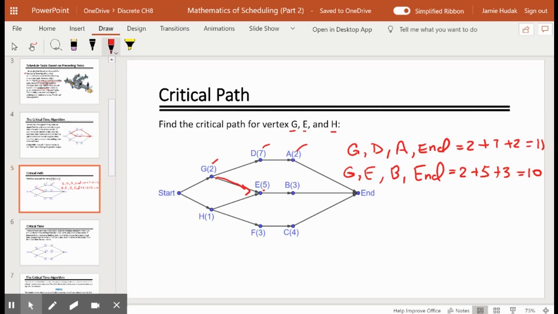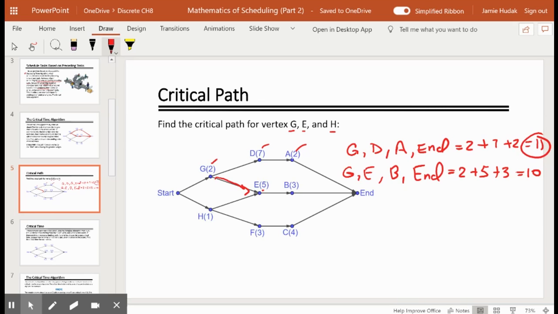Now, the goal of the critical path and the critical time algorithm is to identify the path with the most weight, because that means the most time to get to the end. What we're looking for is a chain reaction of events that are going to cause delays in our scheduling. And that's why we're always looking for the biggest number.